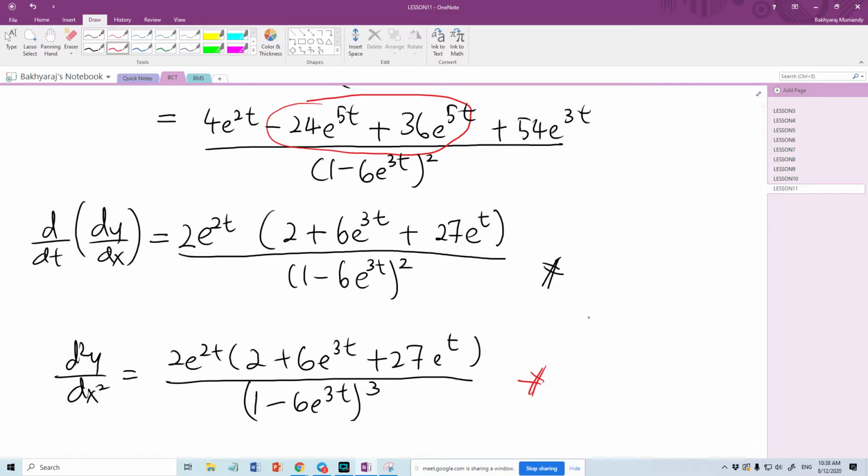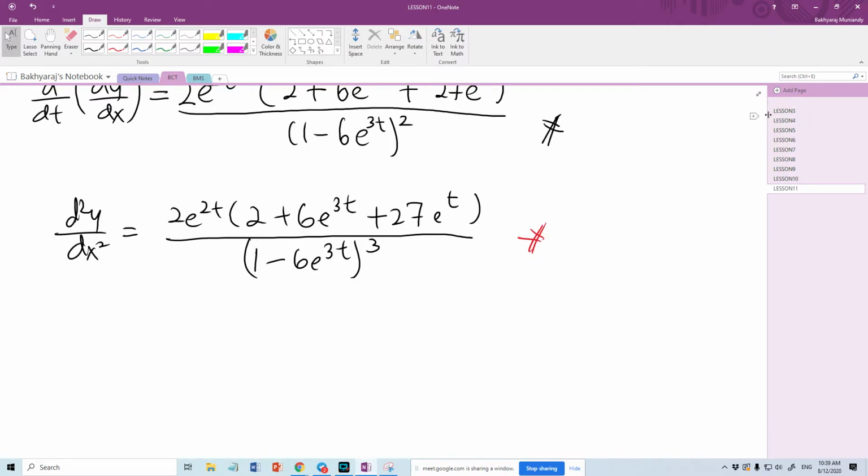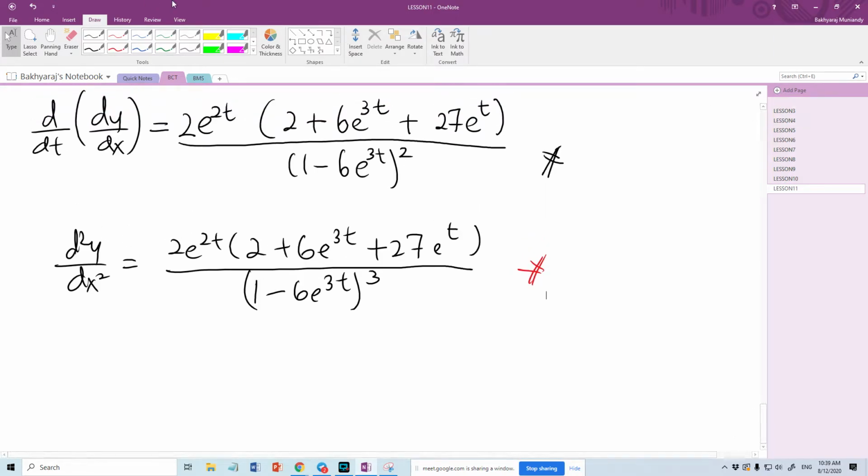Okay, anyone have problem with this? Siapa-siapa? Ada apa masalah? No, boleh. Okay, kalau okay, then I think we have completed the parametric equation lah.